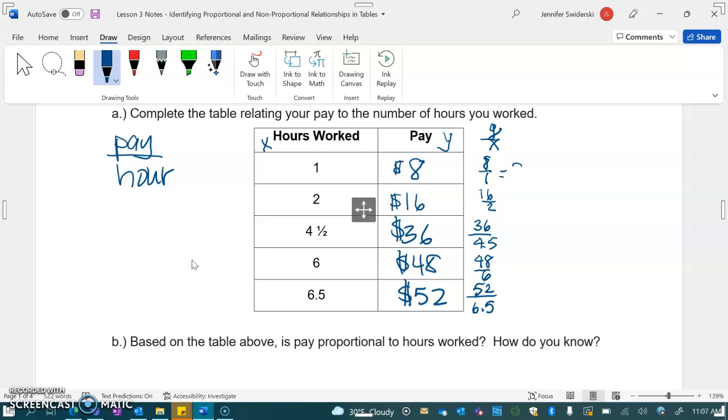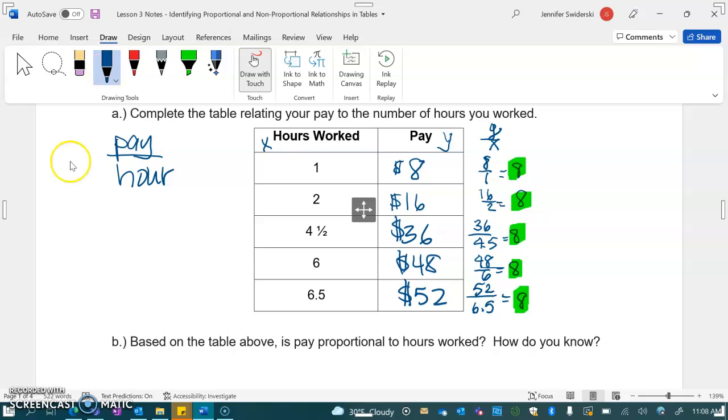If I type each of these into the calculator, 8 divided by 1, I get 8. 16 divided by 2, I get 8. 36 divided by 4.5, I get 8. 48 divided by 6, we get 8. 52 divided by 6.5, I get 8. So my y divided by my x all simplifies down to 8.